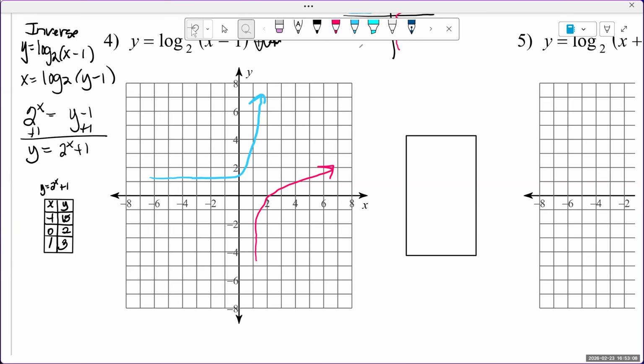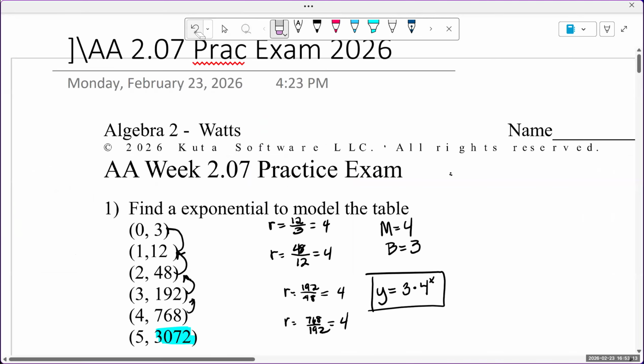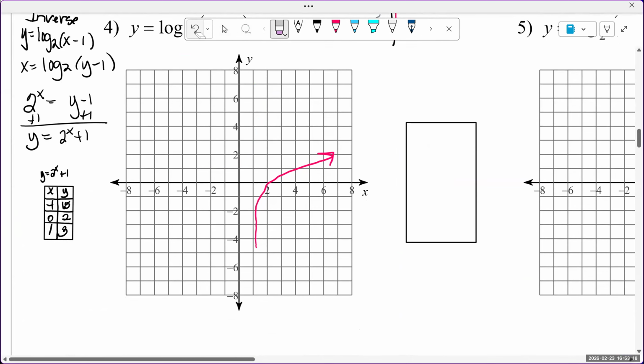So I plugged -1, 0, and 1 into y equals 2 to the x plus 1. More accurately, -1 gives 1.5, 0 gives 2, and 1 gives 3. Okay, that is my exponential. The inverse will be the reflection of that across the line y equals x.